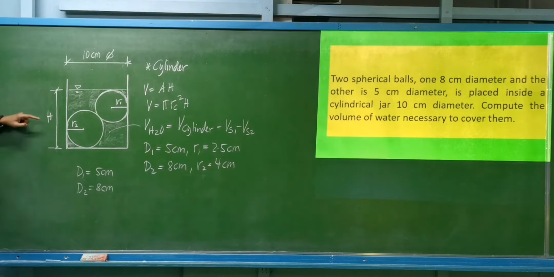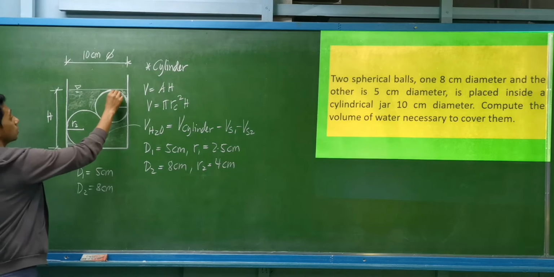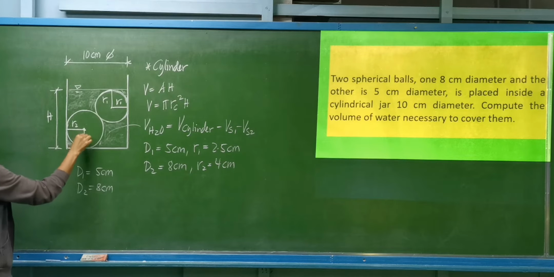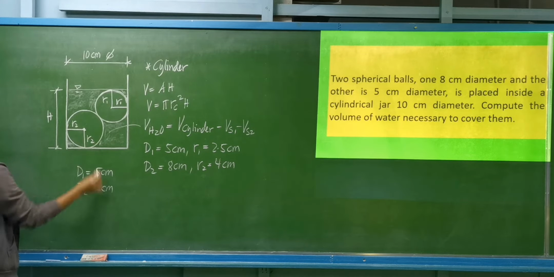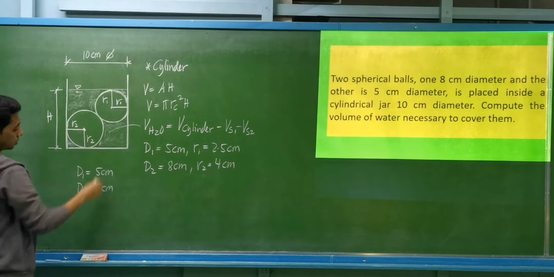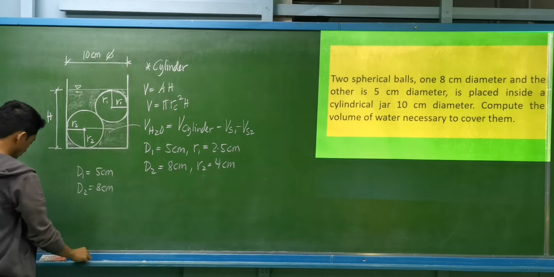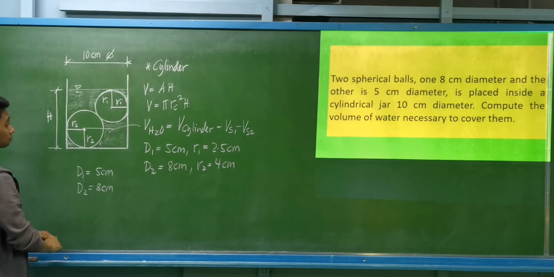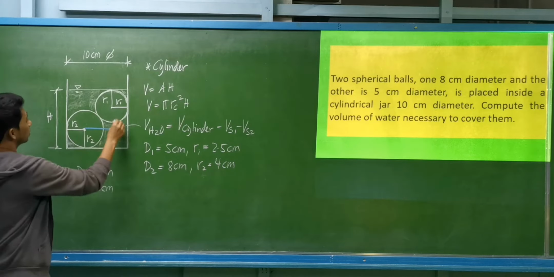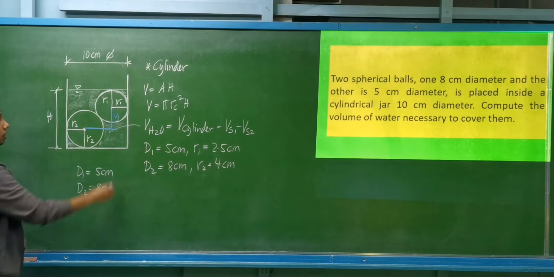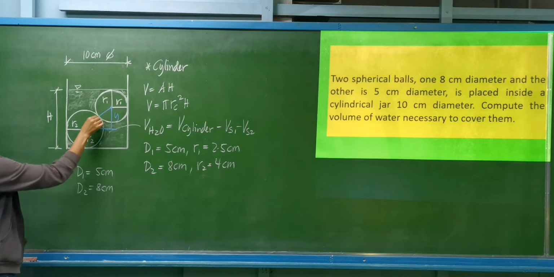So how do we compute h? As you can see, this is the same as radius number 1, and this is the same as radius number 2. We just don't know this height. We need to determine this dimension. Let's say this is y. All we have to do is connect the centers of the spheres.